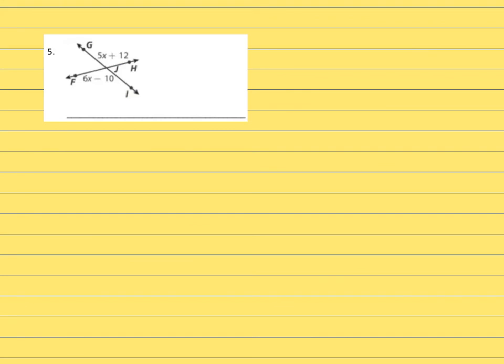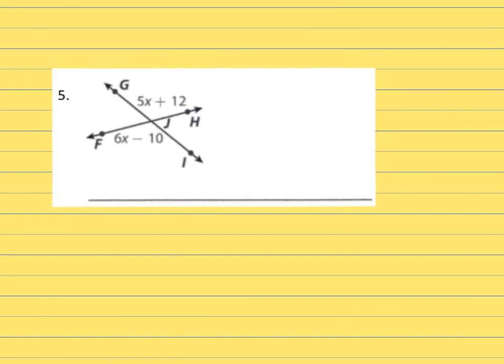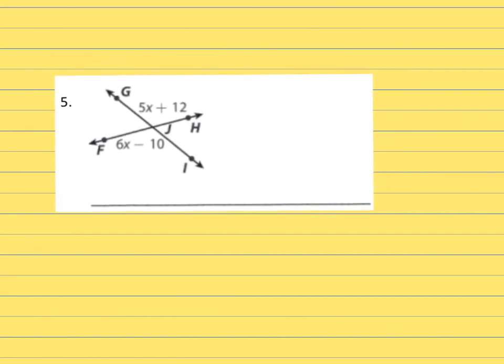Okay, here is another one that's a little bit different. These two angles are not touching each other. These are opposite sides. These are called vertical angles, and vertical angles are actually congruent to each other.